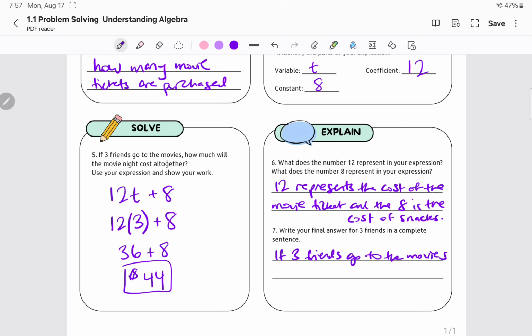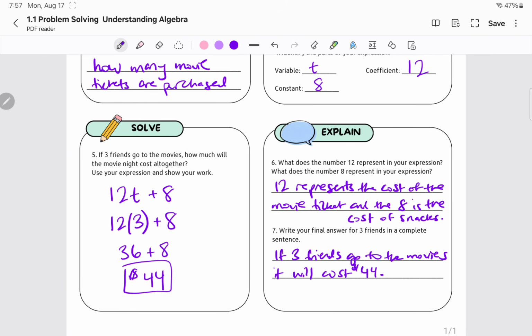We take out how much, and say it will cost. We're taking out movie night too. So it will cost $44 altogether. Or we can just say it will cost $44, and bam, we're done. That is a complete sentence.